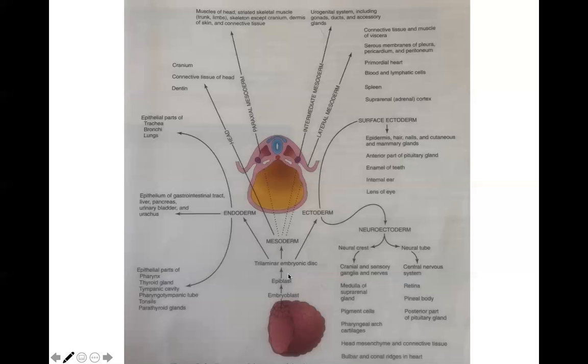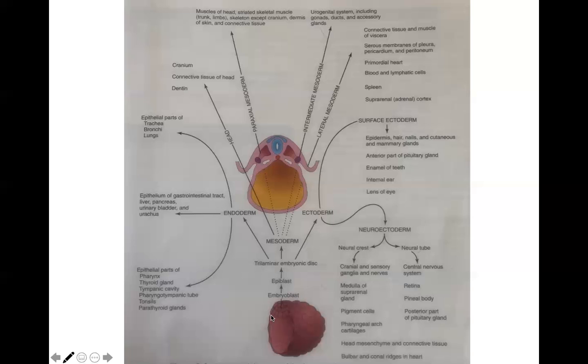And then with every level of differentiation, the variety of possible cell types decreases until finally a cell can only reproduce that same type of cell, or in a lot of cases, such as the brain and the muscle, they can no longer reproduce at all. They can't divide and make new cells once they differentiate past a certain point.